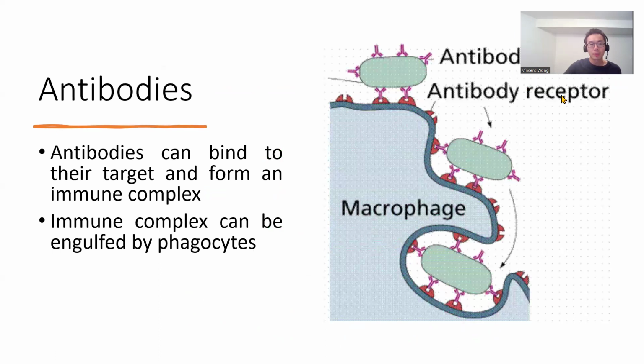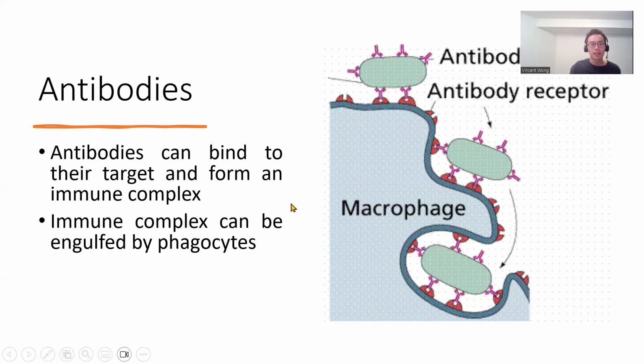It's also possible for antibodies to coat the target, right? Much like complement proteins that we talked about last class, they coat the target, making it easier for phagocytes to identify. Then they're going to be able to come along and eat them up much faster. That's what an immune complex is.